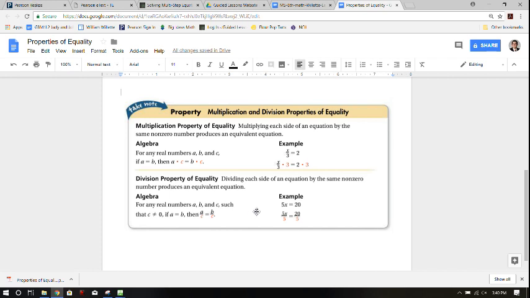So basically, all of these properties are saying that if you do the same thing to both sides of the equation, it doesn't change the fact that the left equals the right, or the right equals the left. But when you do something different, it's no longer equal. It doesn't hold that property of equality.